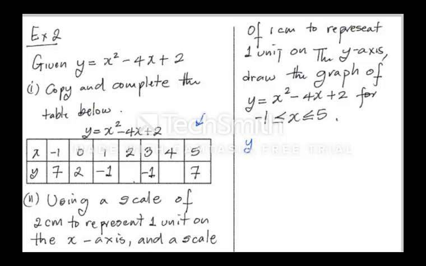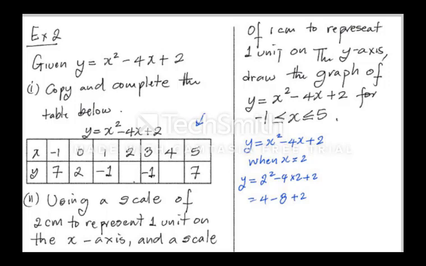So the equation says y is equal to x squared minus 4x plus 2. The value of y when x is 2 is missing. So when x is 2, y would be equal to 2 squared minus 4 times 2 plus 2. 2 squared is 4, minus 8, plus 2. 4 minus 8 is minus 4.